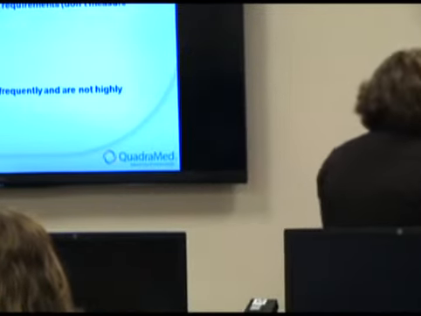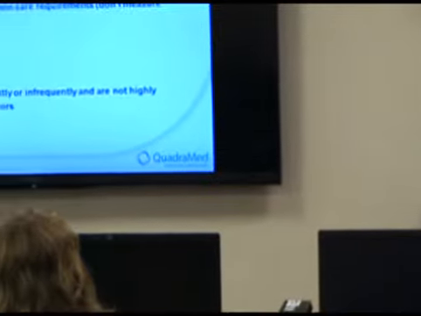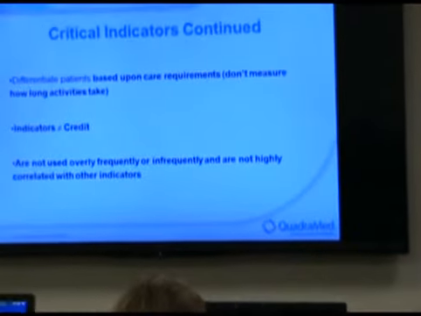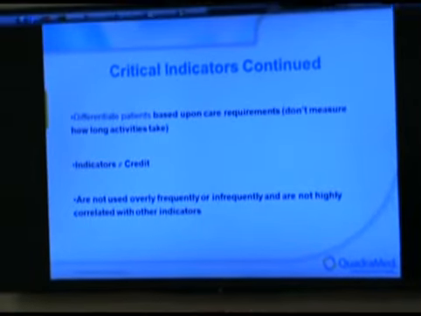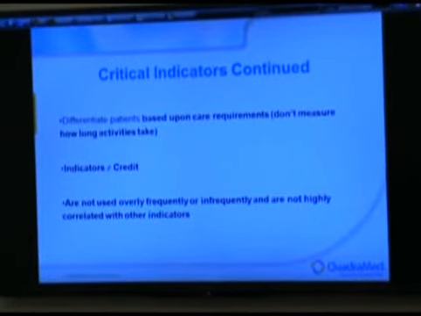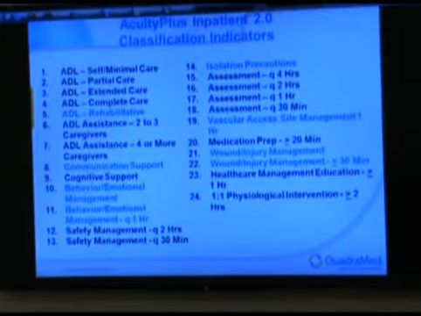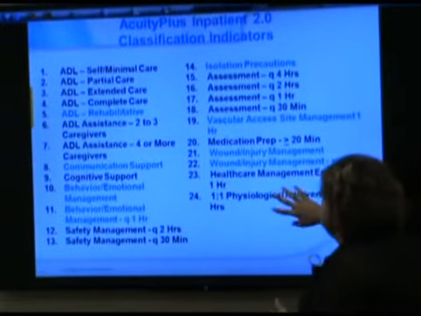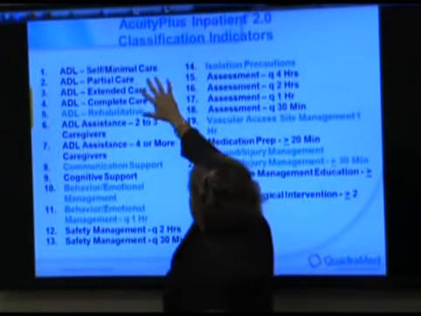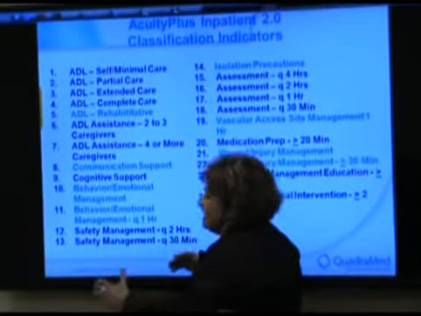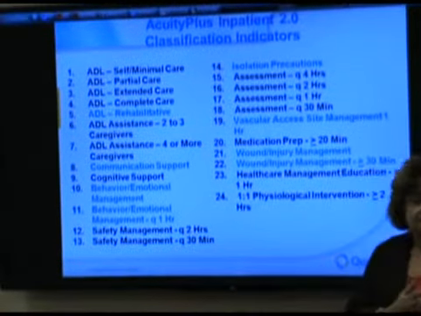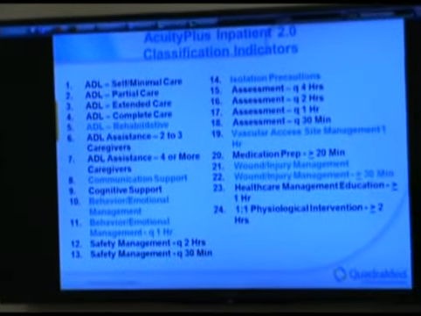Now, the important piece in using these indicators is that you don't overuse them or underuse them, because either way can be problematic when you look at information. So these are the indicators. There are 24 of them. The indicators that are the same color are mutually exclusive, so you only mark one of them.